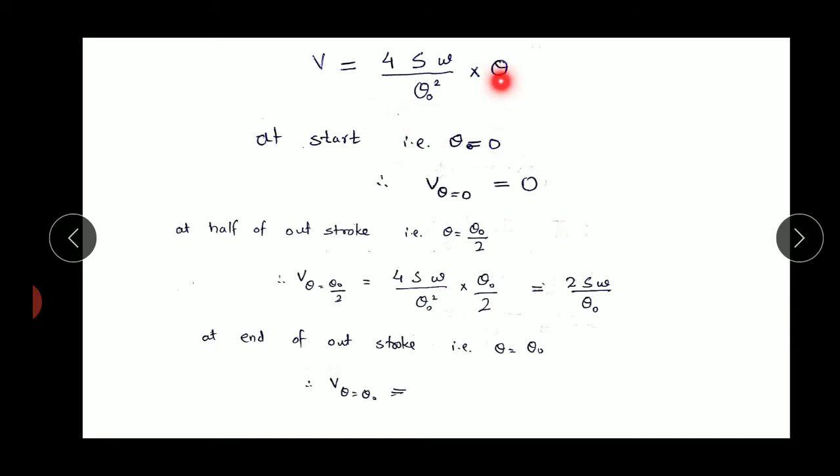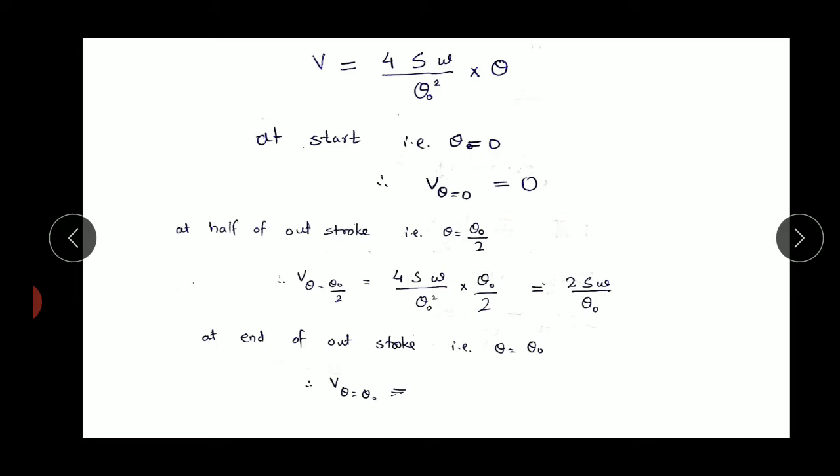We have to use the same formula for the return stroke. Only difference is that theta O stands for out stroke, we have to put r, so theta r stands for return stroke. So the formula will remain the same, only difference will be theta r square over here: 4s omega upon theta r square into theta, where theta is again variable. So at the start again we will get the velocity as 0. At the end of the return stroke we will get the velocity as 0.